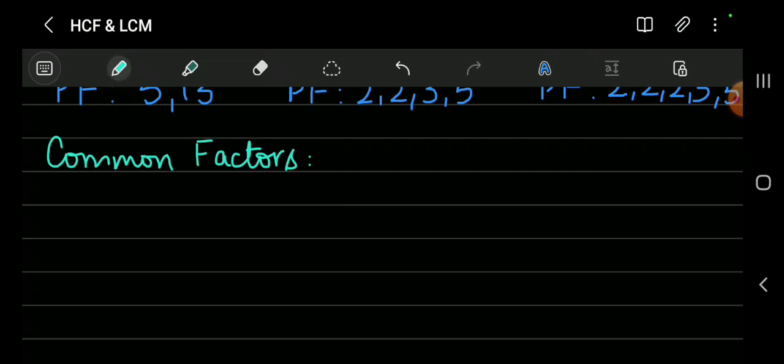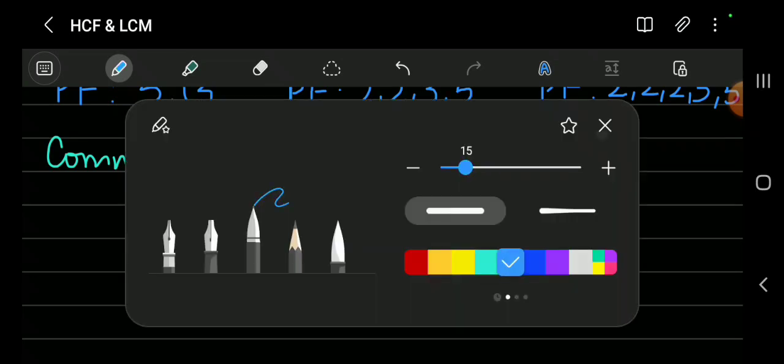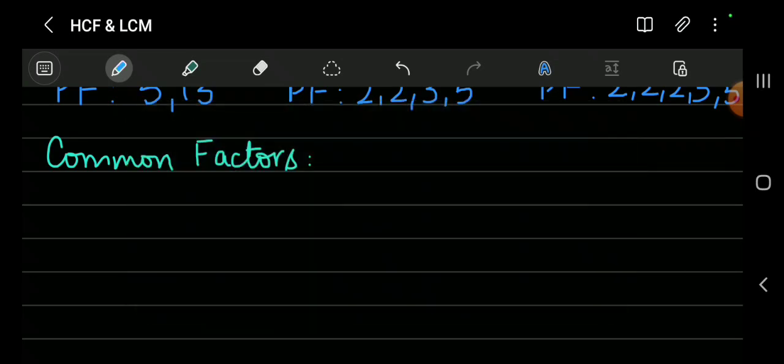Common factors. This term comes into being when you are comparing the factors of two numbers. For example, you have factors of number 60 and factors of number 120. I'm talking about prime factors.